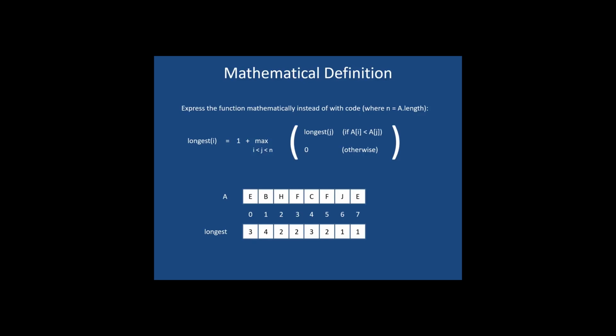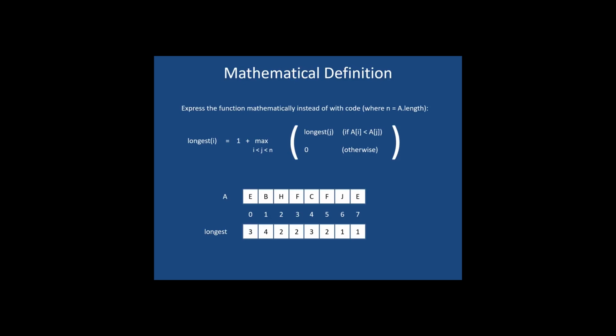Now, up here is sort of a mathematical description of what I did. I said longest of i depends on the max of the things that, this is saying, look at the indexes that are bigger than i, and find the max of either longest of j, if j is something that can hook onto i, or 0, and then add 1.